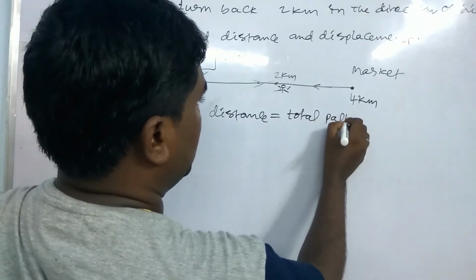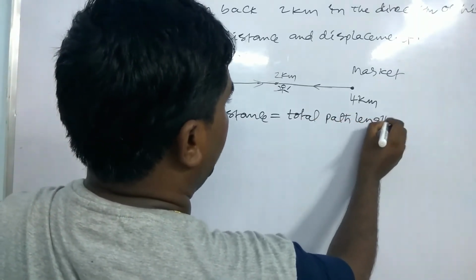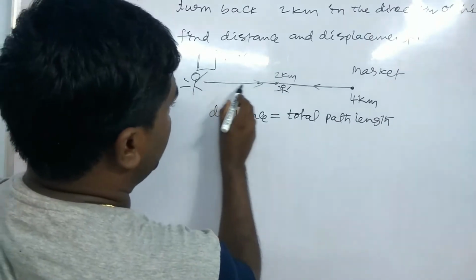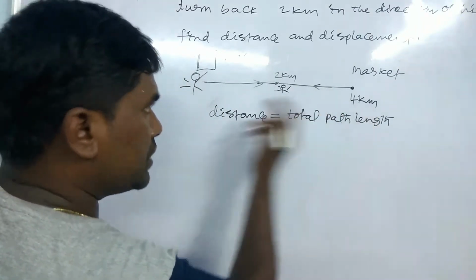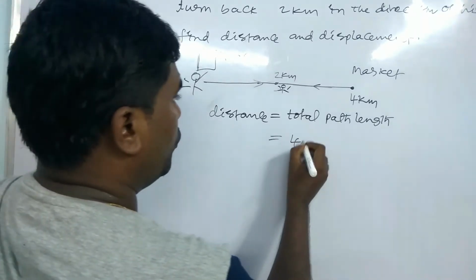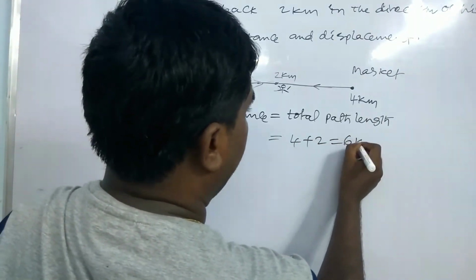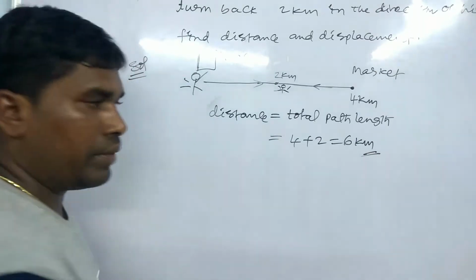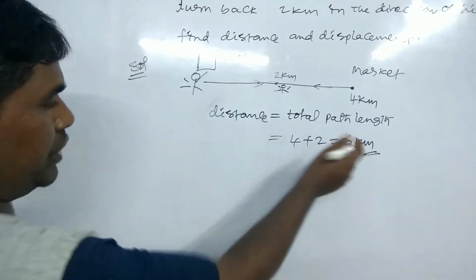How much distance did he travel? At first he traveled 4 km and again he traveled 2 km coming back. So 4 plus 2 is equal to 6 km. The distance traveled by the man is 6 km.